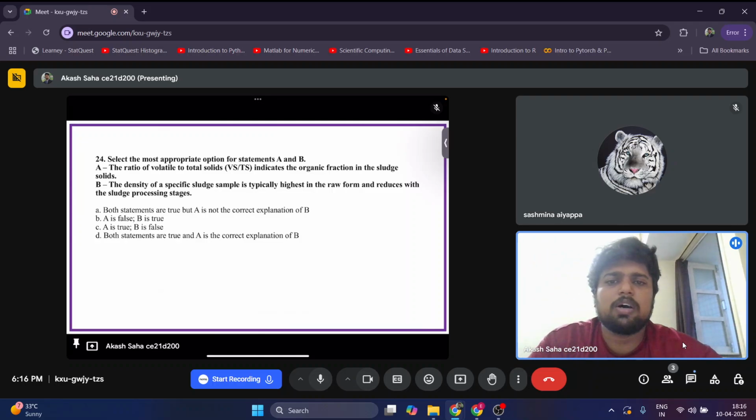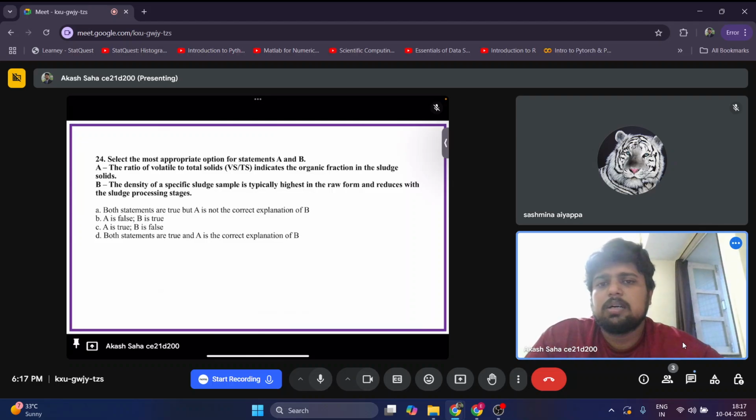As you all know, the organic fraction is mostly volatile in nature. So if we have the ratio of the volatile to the total solids, we will know how much is organic, because that can be easily removed by just heating or burning it off at a very high temperature.